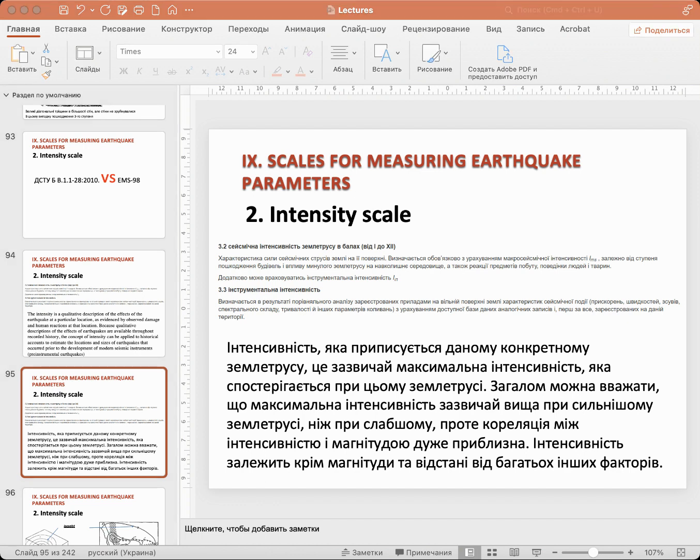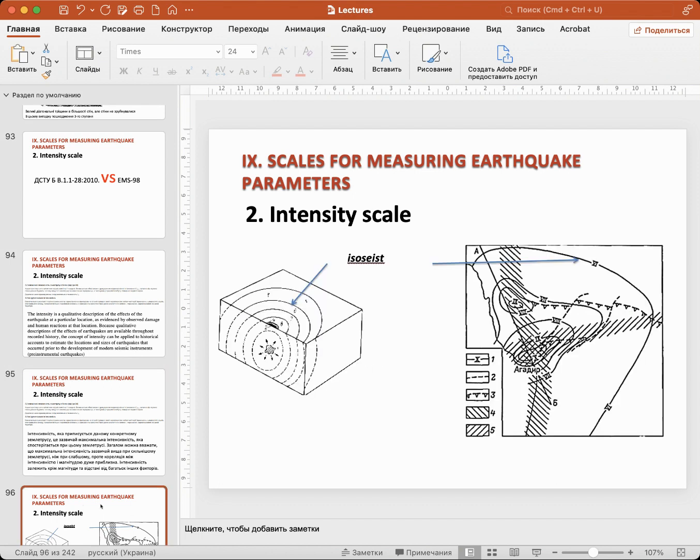So, here is how it looks. When we are analyzing the consequences of an earthquake, for example, we have such a city. It's Agadir. A very strong earthquake took place there. We found that some buildings had a level of damage which allows us to assess them as intensity 10.